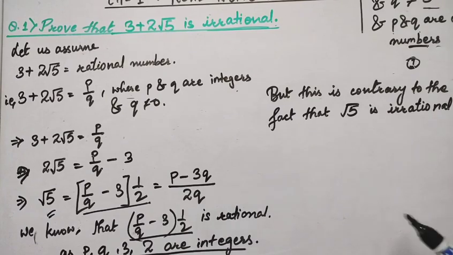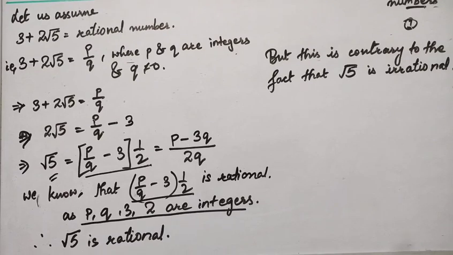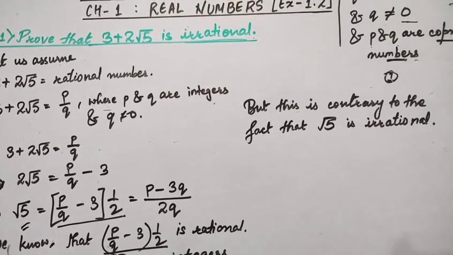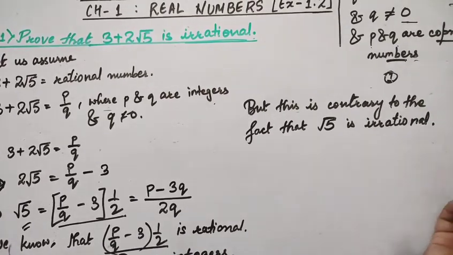Since we have got here that root 5 is a rational number, this contradicts the fact. It is contrary to the fact that root 5 is irrational, since we have already proved root 5 is irrational.